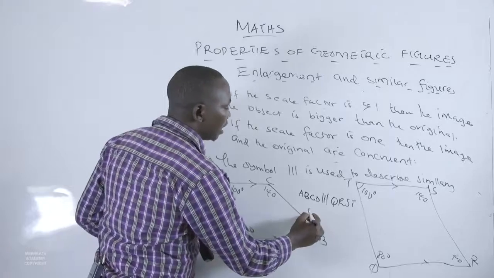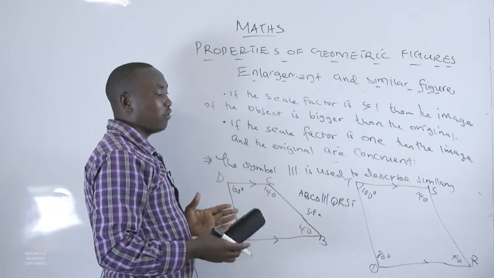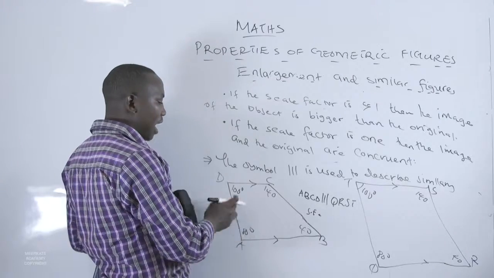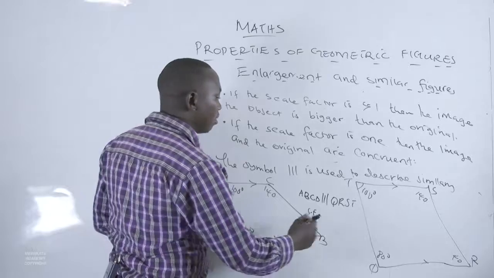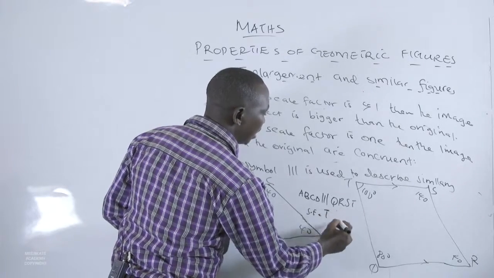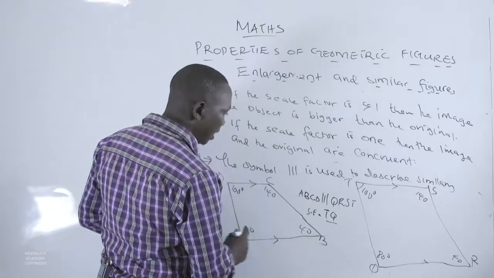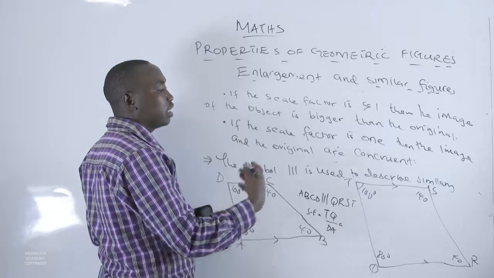Then for you to be able to get the scale factor, we use the pairs of corresponding sides, like DA corresponds to TQ. Therefore, we can say that TQ over DA is equal to another corresponding side.